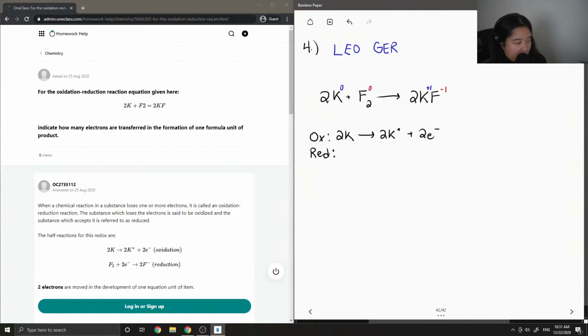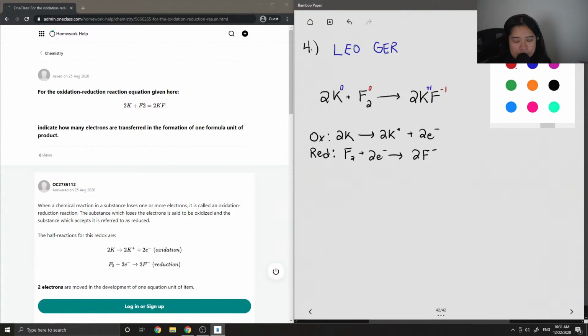And in the case of the fluorine, F2 plus 2 electrons makes 2F minus. So therefore, 2 electrons are transferred.